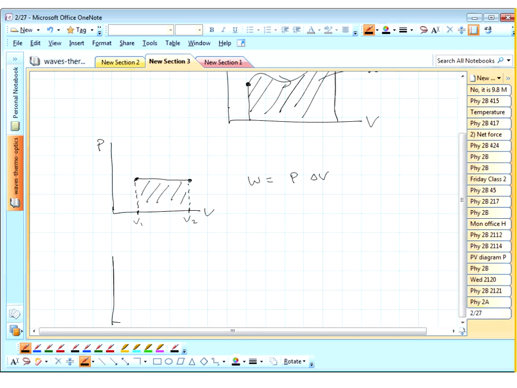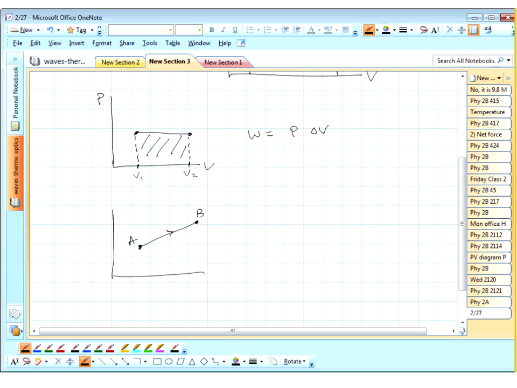If it's a straight line, then you can break that up, right? We know how to find the area under a triangle, and we can find this area easy enough, and we can just add those together to get the total area under that curve. So those are pretty straightforward.